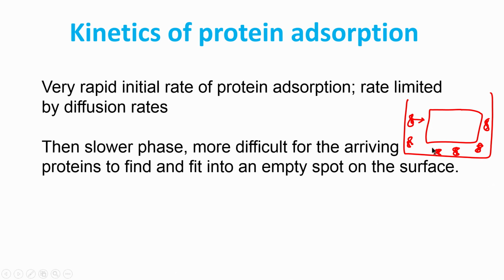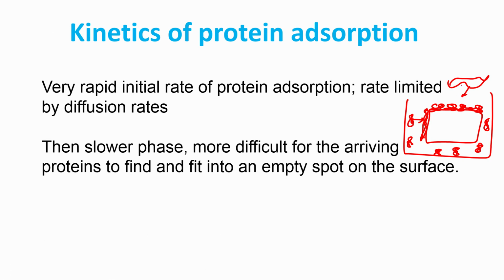And then what will happen is, once proteins have come and adsorbed the initial layer of the protein, let us say another protein is now trying to come. This protein has no space to directly interact with this particular surface. It can start interacting with the proteins that are coated on the surface, because these proteins may also have some domains which are now getting exposed, which were not earlier present.